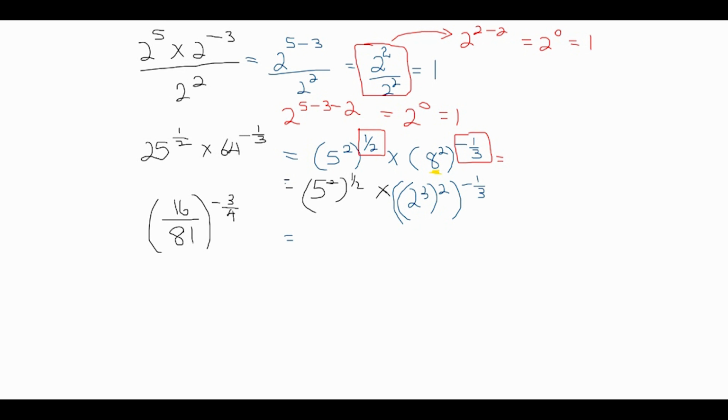If something is already raised to a power and you have it raised to another power, you just multiply the powers. So you'll still get the 5 to the power of 1 over here, and then this would be 2 to the power of 3 by 2 by minus 1/3, which will simplify. Okay, because 2 by 3 is 6, and 6 by negative 1/3 is just going to leave us with a minus 2.